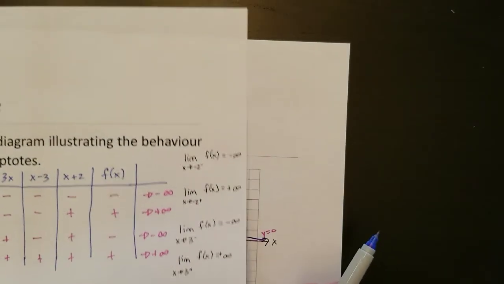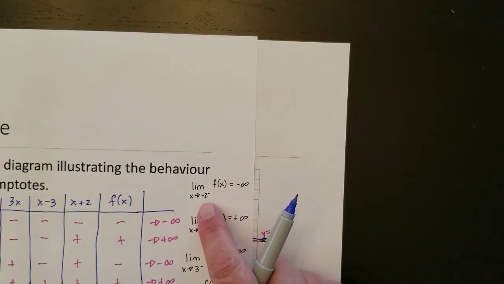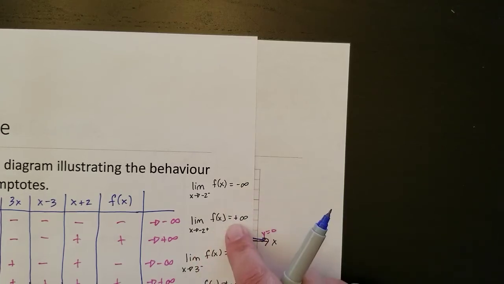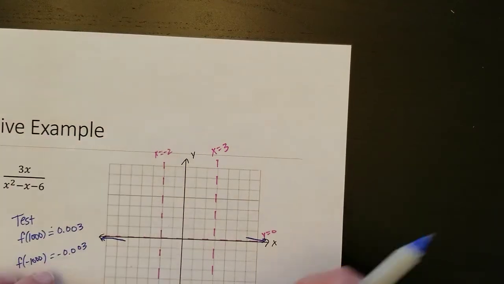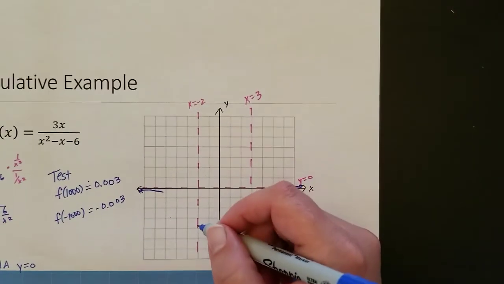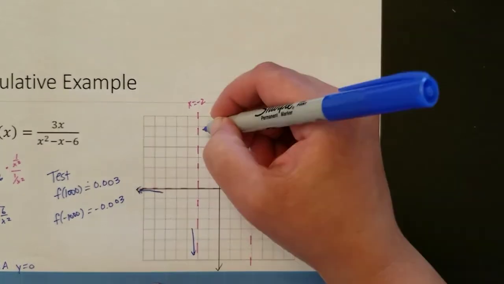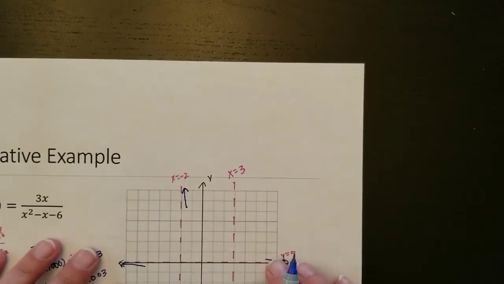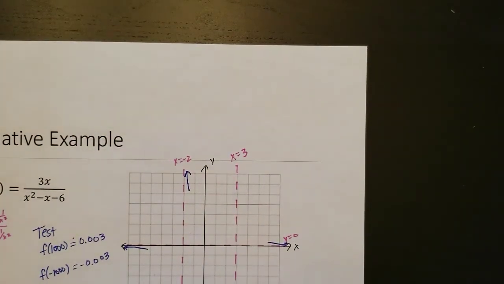Looking back at the other work we did, we knew that around -2 from the left, it was going towards negative infinity, and around -2 from the right, it was going towards positive infinity. So on the left side of the vertical asymptote here, it's going to negative infinity and then to positive infinity. So we're just filling in this end behavior.